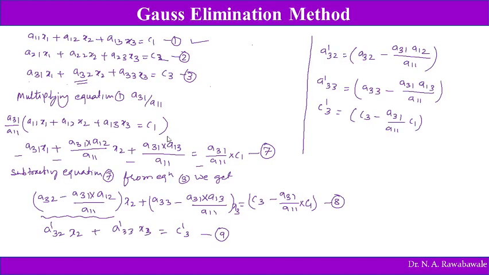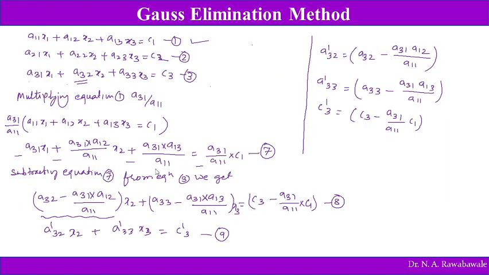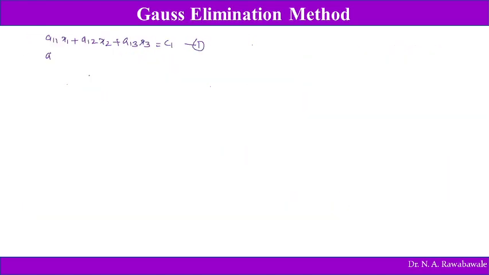Then let us collect this equation number 6 and we write it. So equation number 6 is, this term is not there, a dash 22 x2 plus a dash 23 x3, which is equal to c dash 2, equation number 6.